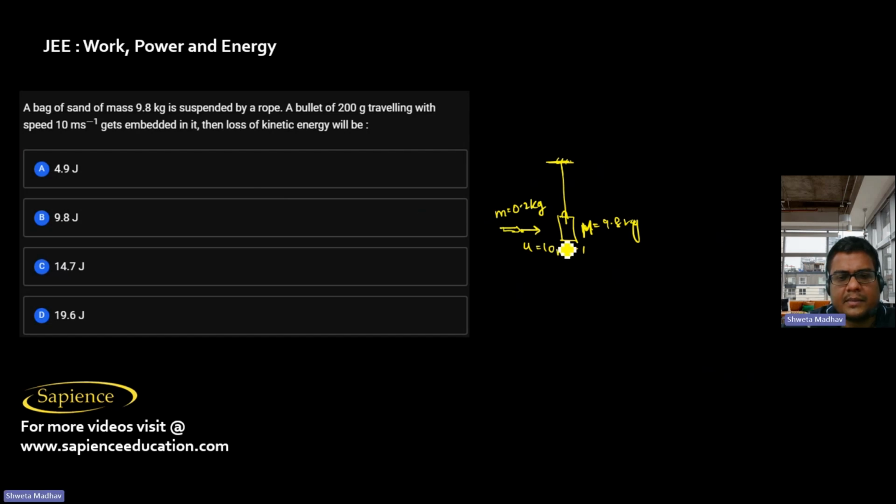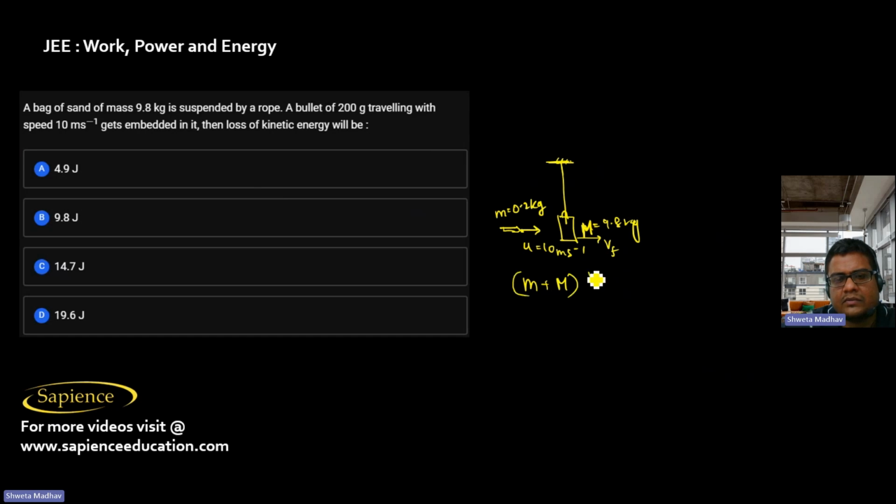So if it gets embedded in it, they will move with a common velocity. So therefore I can tell the final common velocity, let's say that is v final.